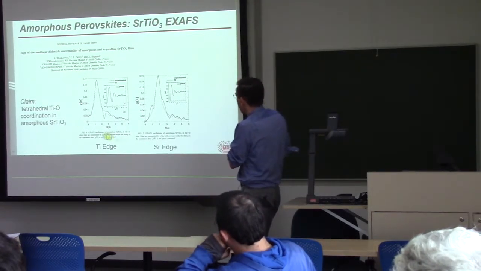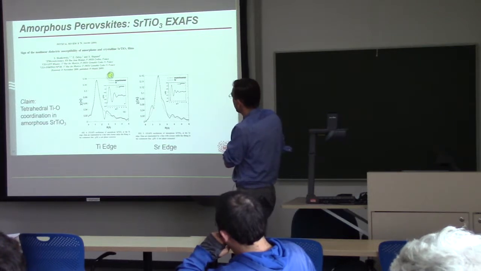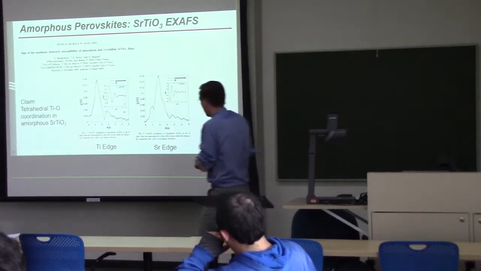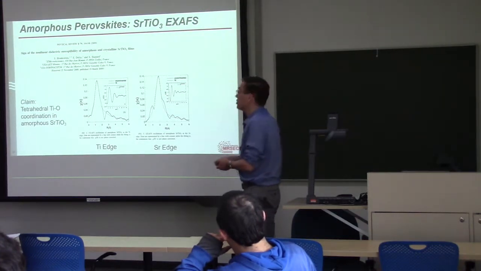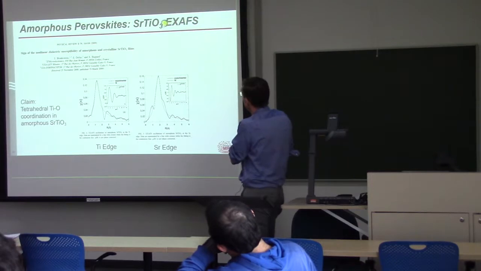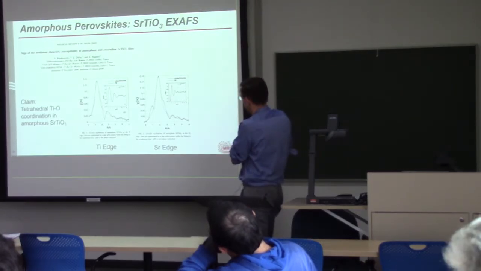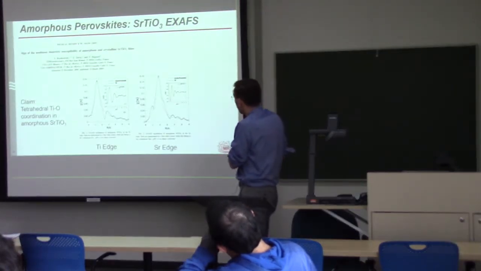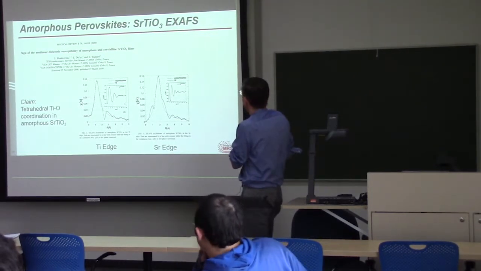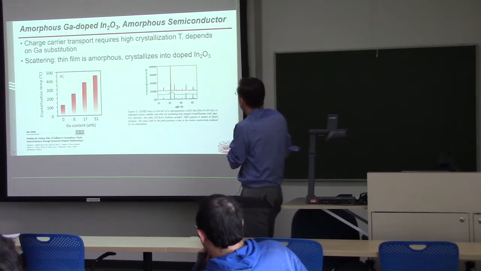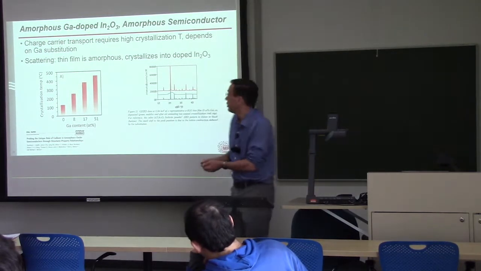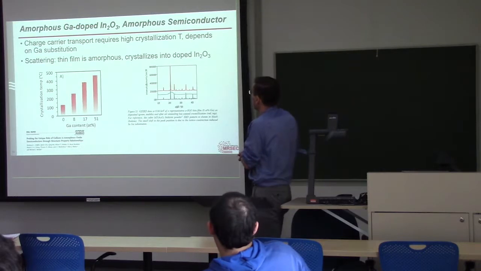But the literature, even though this was only 10 years ago, and this is the model perovskite, is actually somewhat ambiguous on this topic. So here's a relatively simple material where we don't know much about the amorphous structure yet. It's kind of interesting, and it will define some of the types of stability arguments that Paul has just talked about.